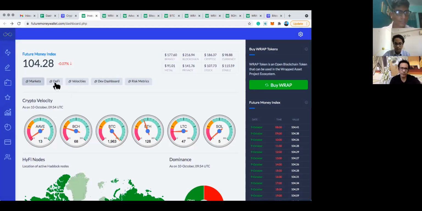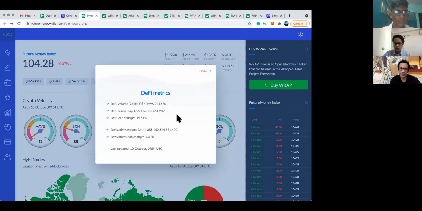Okay. Another thing that we look at is DeFi statistics. DeFi stands for decentralized finance. As of today, most of the decentralized finance transactions happen on Ethereum. So that volume is separately calculated. It's a much smaller figure, obviously. But if you are into staking, crypto lending and borrowing, then this becomes a very important statistic for you.